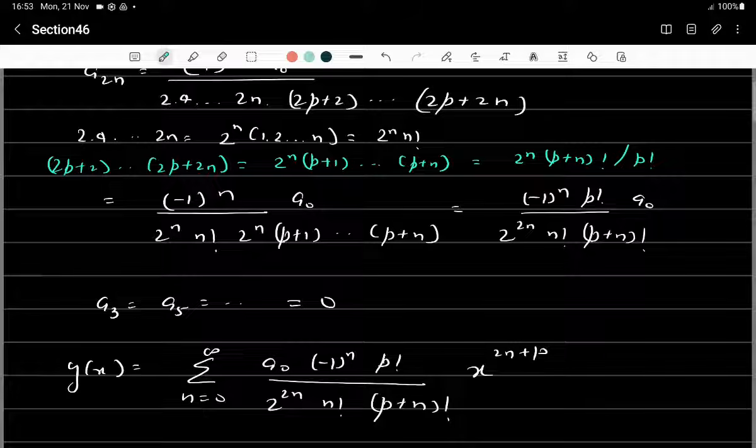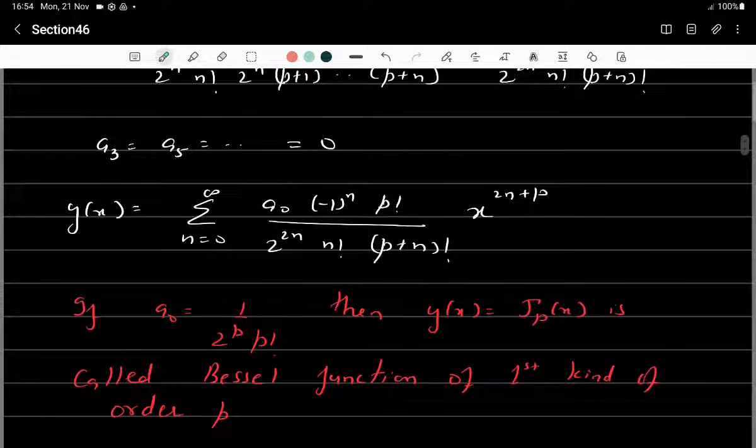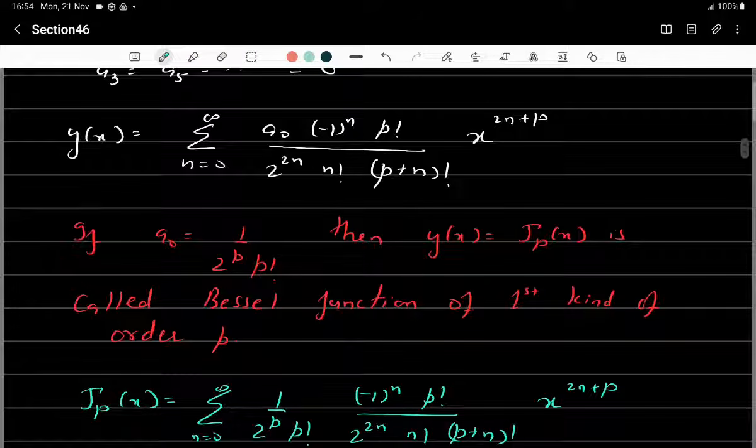Now Bessel functions have their special significance, which means if I substitute a naught is equal to 1 by 2 raised to the power p, p factorial, a fixed constant which depends on p, then this y of x is denoted as J_p(x), which is the Bessel function of first kind of order p, because it depends on p.